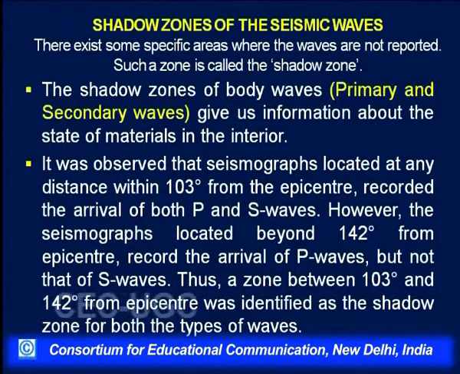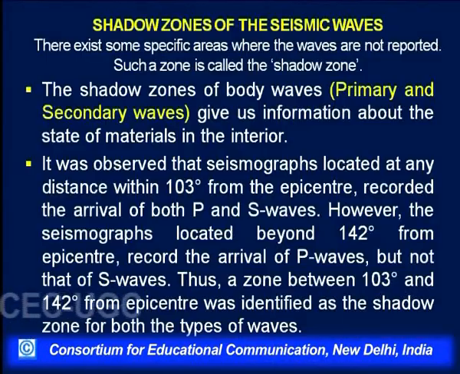So coming to the next very important factor, which is known as shadow zones of the seismic waves. When we talk about shadow zones, there are some specific areas where these waves are not reported, and therefore these zones are called the shadow zone.